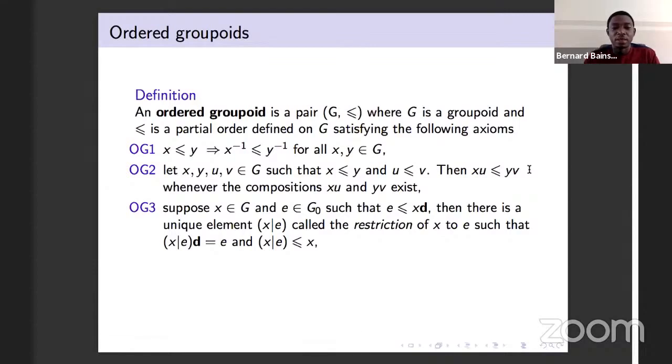And the next thing we can say is that if you have a morphism x in G and an identity e, so we would denote the set of identities of our ordered groupoid by G0.